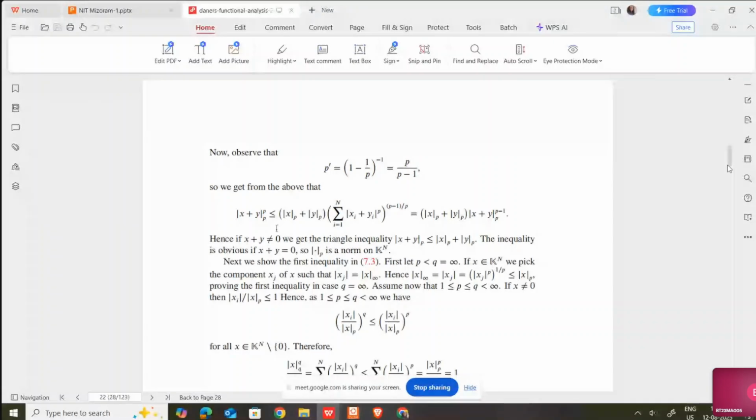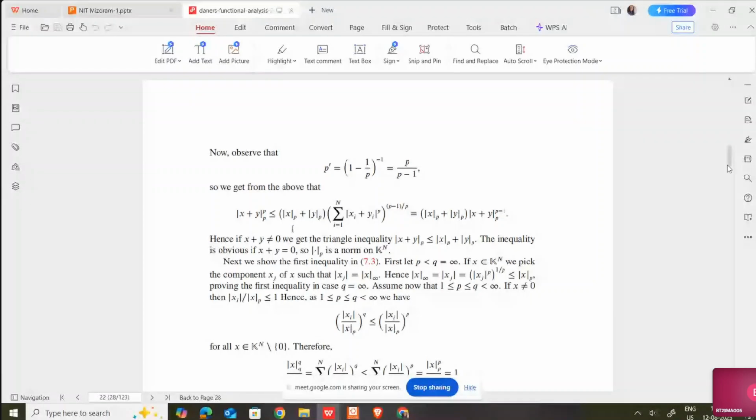So what you do is you look at the norm of x plus y raised to p. Why are you taking it raised to p? Because I don't want to write 1 over p everywhere. This is what we want to show.